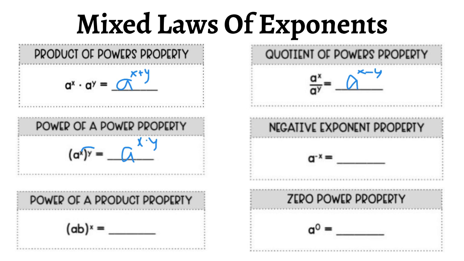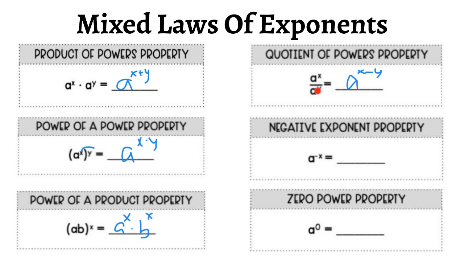As you can see below, even if we have multiple objects inside the parentheses raised to another exponent, we distribute the x into both of those bases. So we can easily say a to the x times b to the x. Notice how both terms inside the parentheses were raised to the x power as we distribute those as exponents.